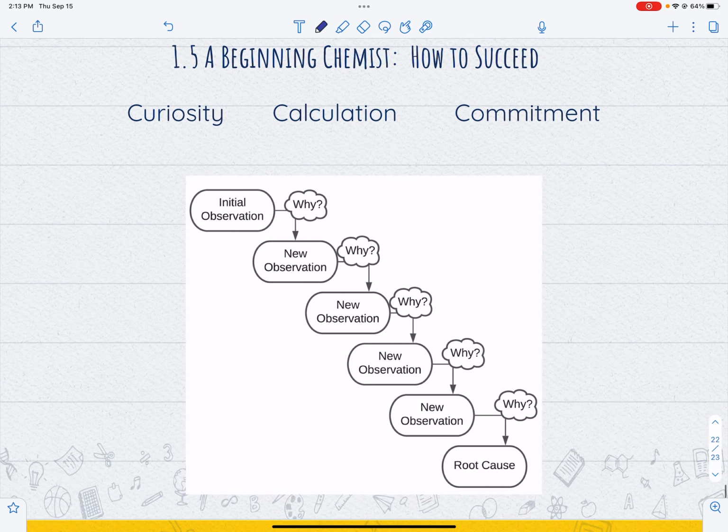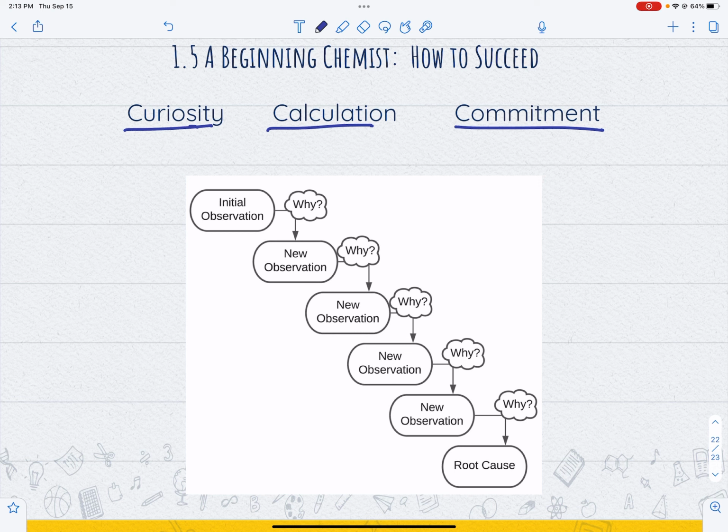And then the very last section is just, if you read this in your textbook, and if you haven't downloaded your textbook yet, you can. It may be easier to download it at home than in school. The author talks about what you need to be successful in chemistry. And the author points out these three things: curiosity, calculation, and commitment.